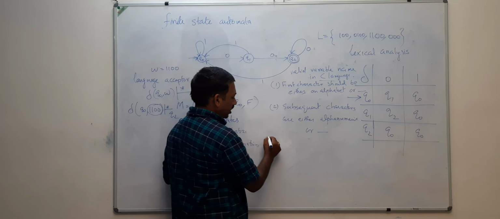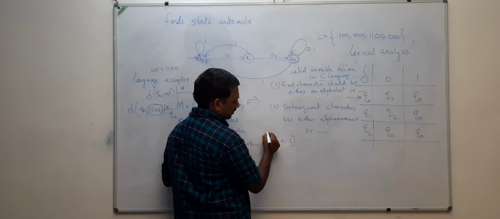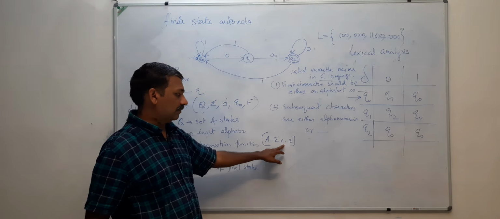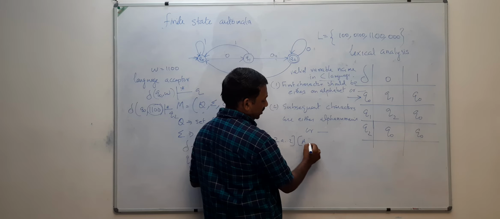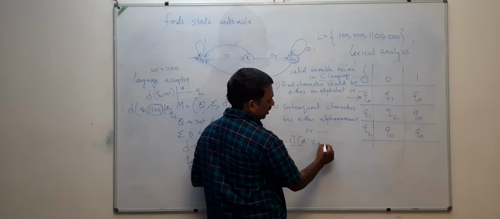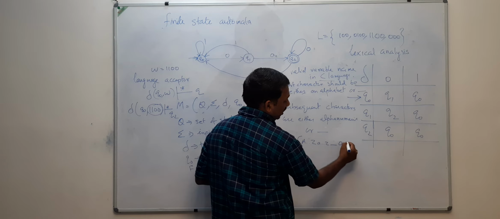That means capital A to Z and small a to z are permitted as the first letter, and afterwards you can have capital A to Z, small a to z, underscore, and 0 to 9.